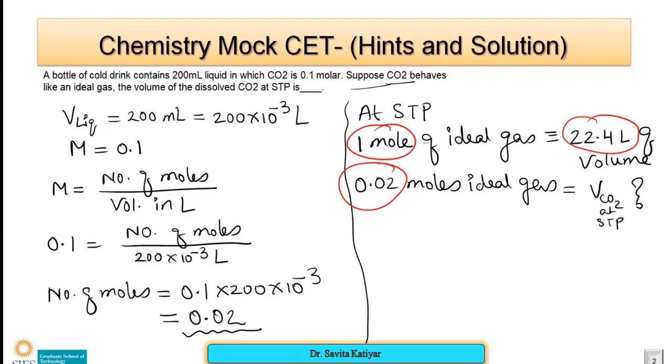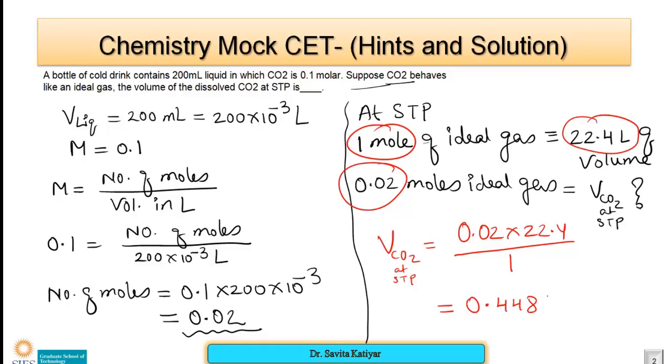So the volume of CO2 at STP will be equal to 0.02 into 22.4 divided by 1, that is coming to 0.448 liters. So if CO2 is acting as ideal gas then at STP, the volume of the dissolved CO2 in this solution would be 0.448 liters.